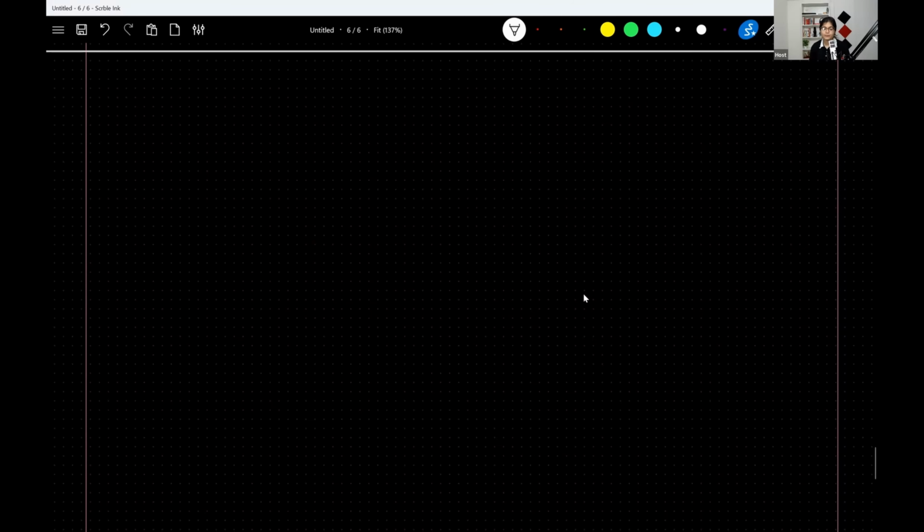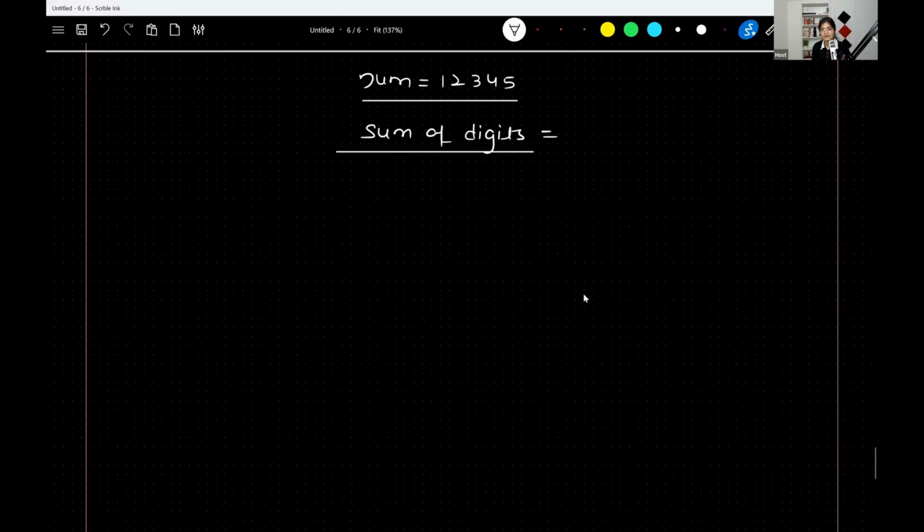Let's move ahead and try to solve one more problem, which is again very widely asked in many interviews. The problem says that, let's say you will be having a number. The interviewer will provide you some number. Let's say the number is 1, 2, 3, 4, and 5. What I'm looking for is the sum of digits of this number, which is 1 plus 2 plus 3 plus 4 plus 5.